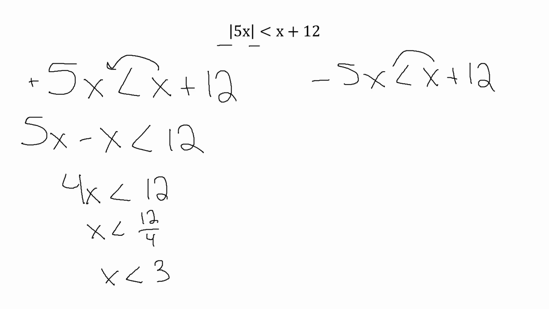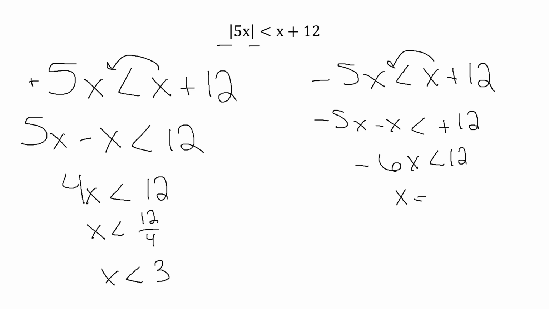Now I'm going to solve this one with the negative term there. Positive, understood positive x moves over, becomes minus. Negative 5x minus x is negative 6x. Don't lose the understood 1. Now, on this one, I am going to move my negative 6 over, and I'm going to divide by a negative, not a negative 2.